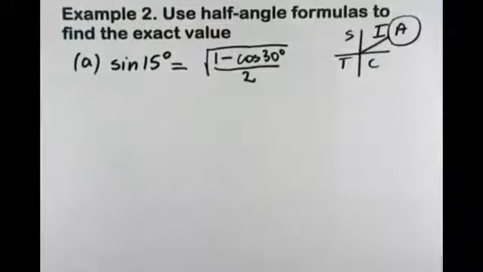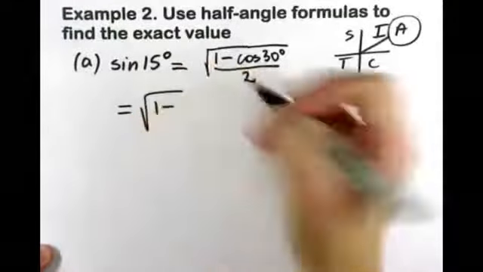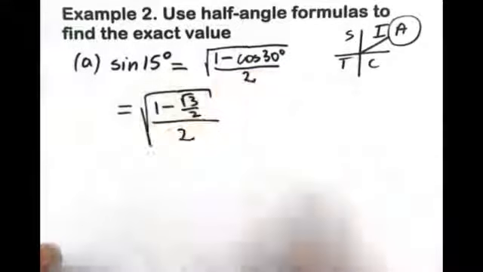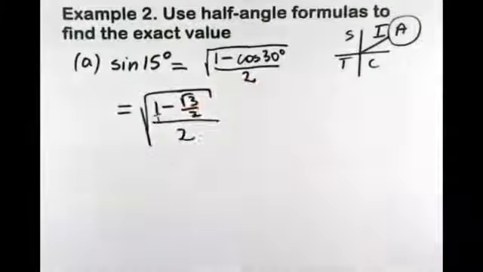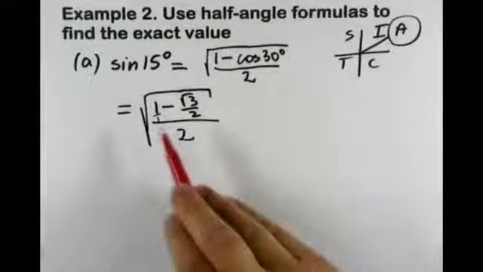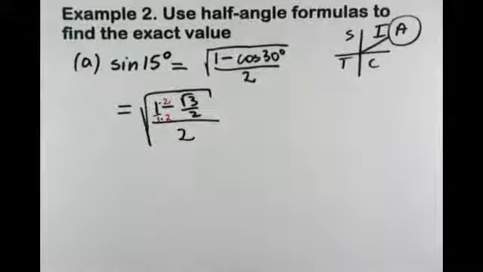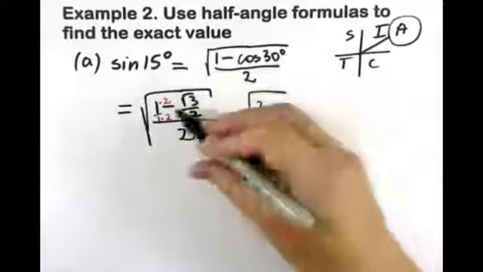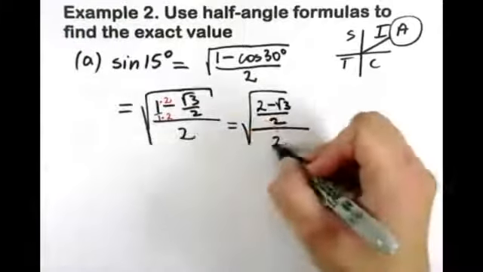Root 3 over 2. So this is equal to square root of 1 minus root 3 over 2, and then we have over 2. We find the common denominator. This one is like over 1. Common denominator of 1 and 2 is 2, so times 2 times 2. So that gives me square root of 2 minus root 3 over 2 and over 2.